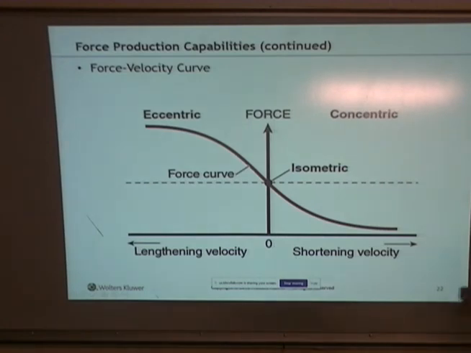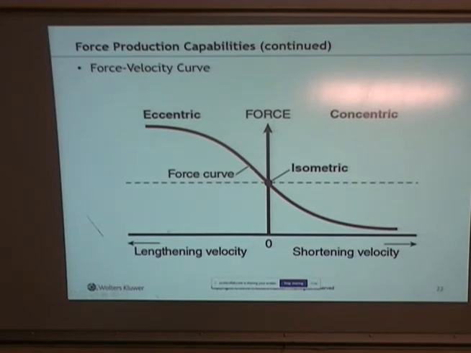Right, so this force velocity curve is showing something that we don't always recognize when we're doing our strength training. The y-axis is force and the x-axis is velocity. Going to the right is getting shorter, so concentric type action.